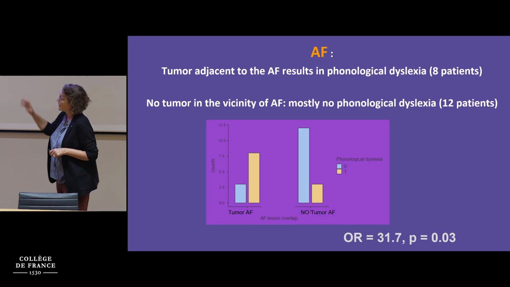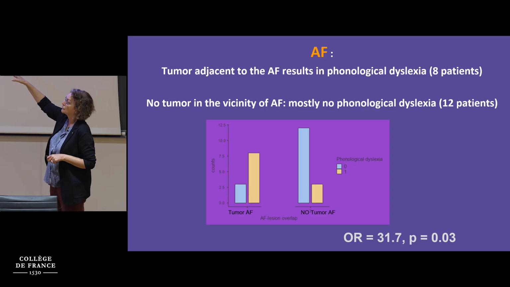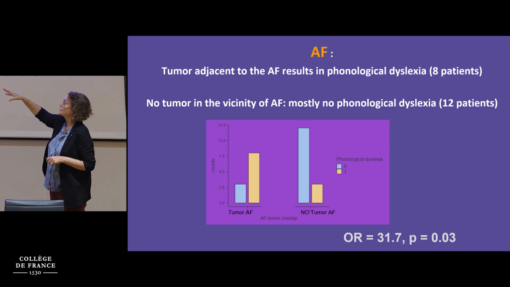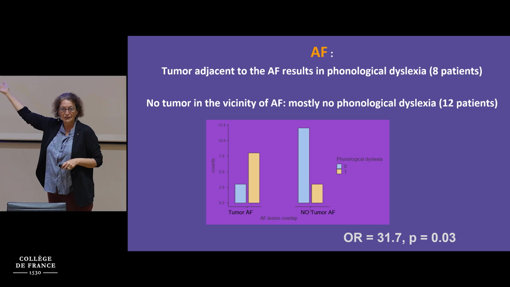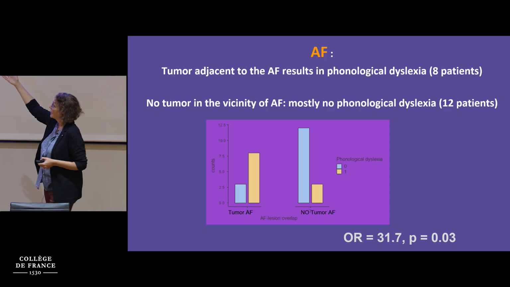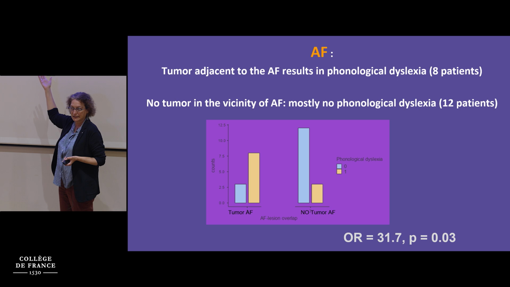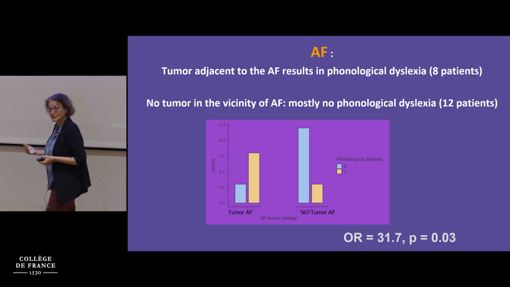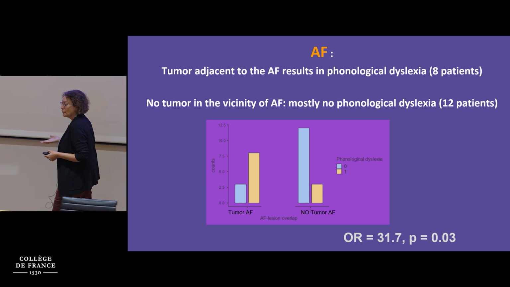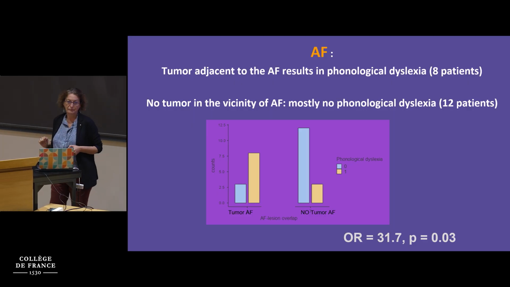And when we look at the patients who have tumors in the AF compared to patients who don't have tumors in the AF, we see that most of the patients who have tumors in the AF show problems in reading non-words, new words, and patients who have no tumor in the AF don't have problems in reading non-words. So we may have found the sublexical route in the AF.